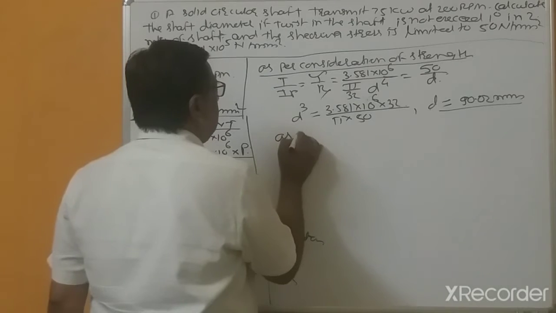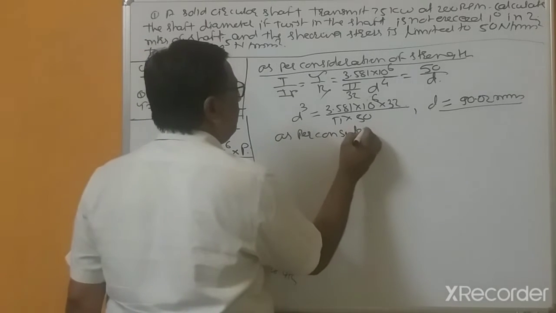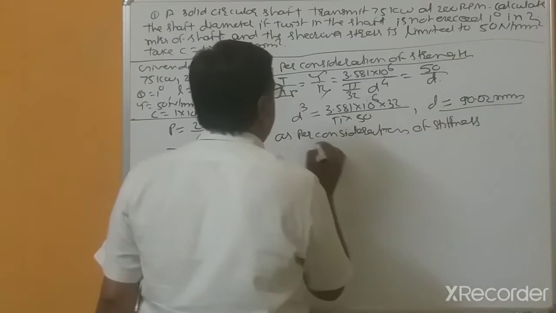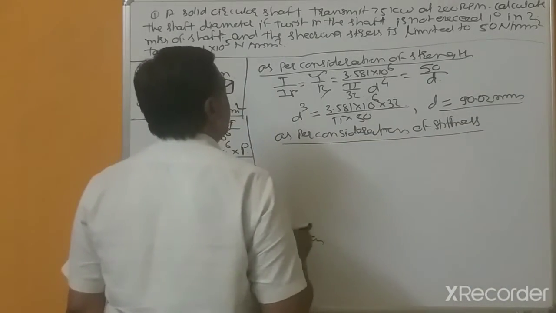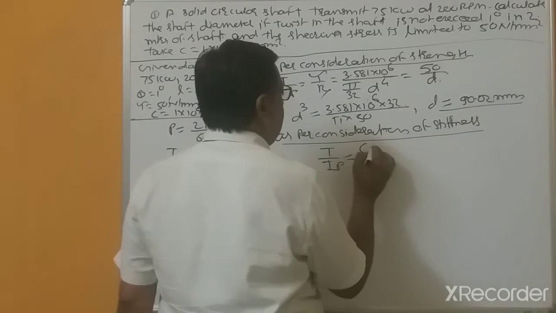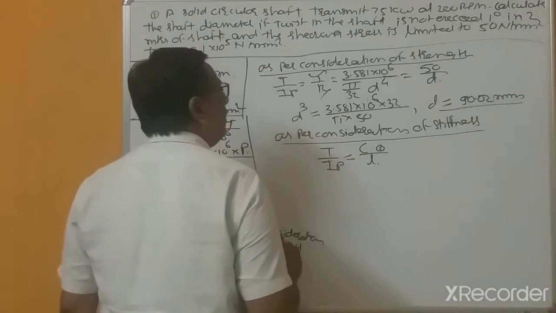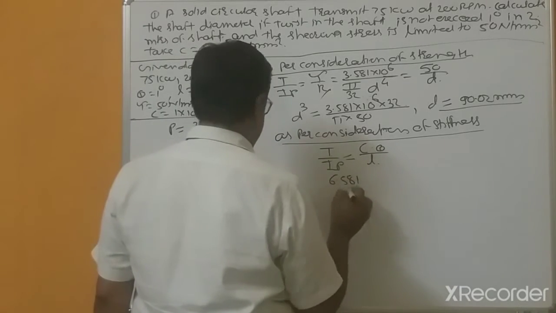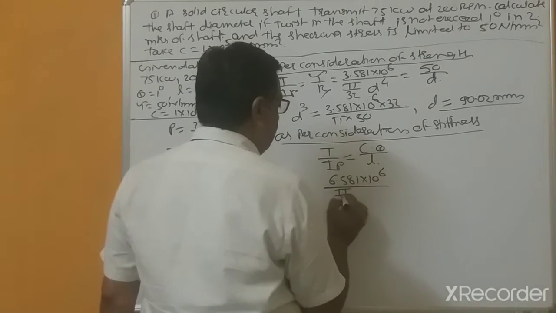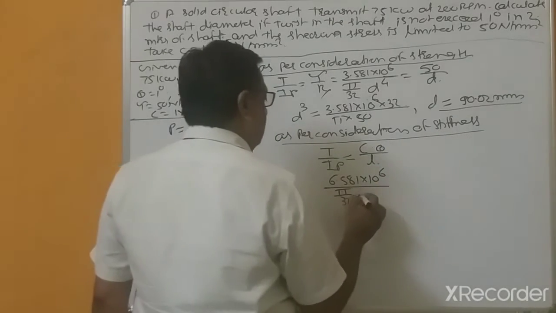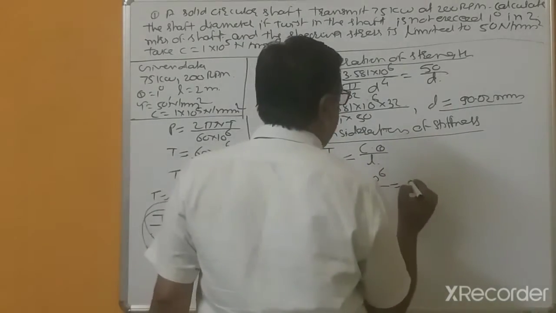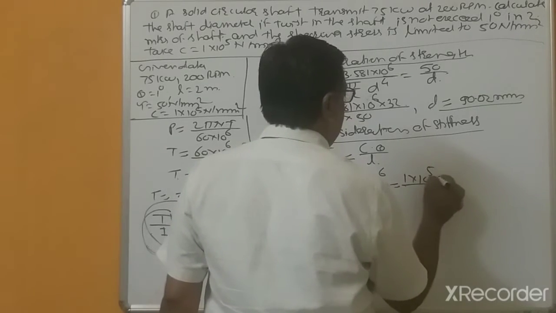Now, as per consideration of stiffness, T divided by polar moment of inertia equals C theta divided by L. 3.581 into 10 to the power 6 divided by pi by 32 d to the power 4 equals C, which is 1 into 10 to the power 5, multiplied by theta, the angle of twist.